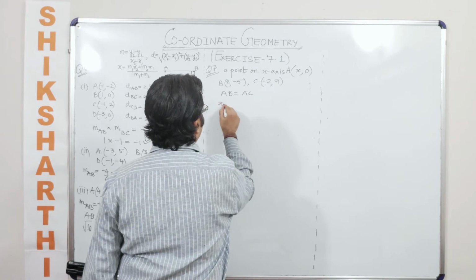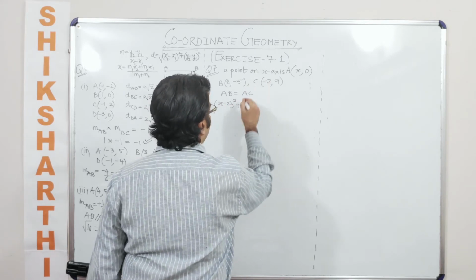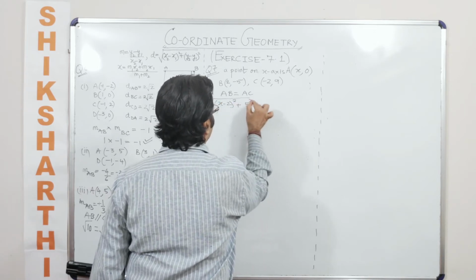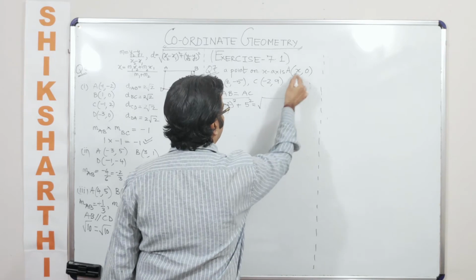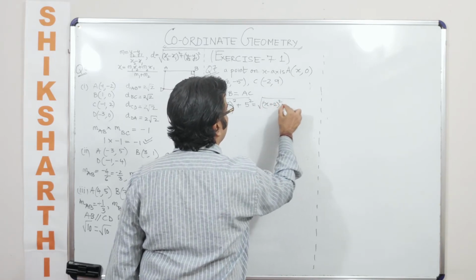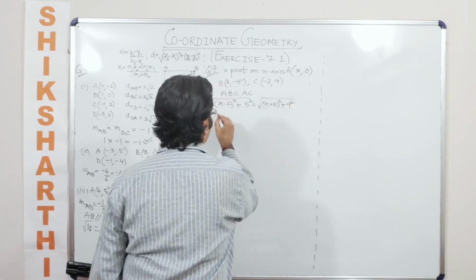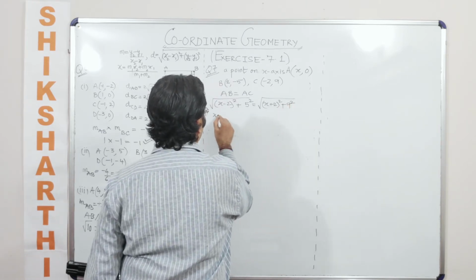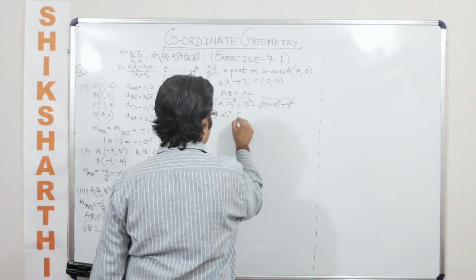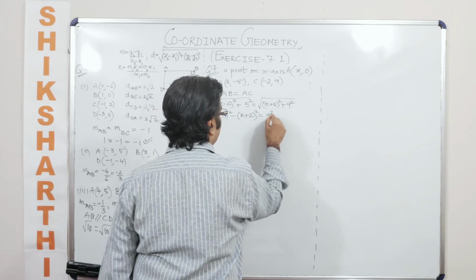Can I say the square root of (x minus 2) whole square plus (0 minus 5) whole square, which is 5 square, is equal to the square root of (x minus of minus 2) whole square, which is (x plus 2) whole square, plus 9 square. So when I square both the sides, I'll be able to write this as (x minus 2) whole square minus (x plus 2) whole square is equal to 9 square minus 5 square.